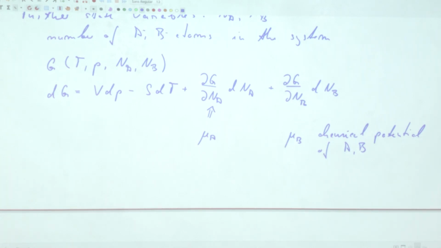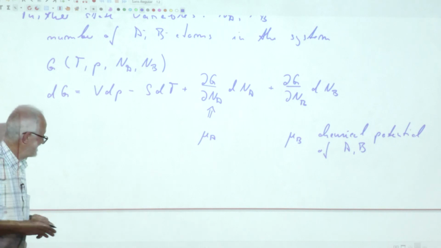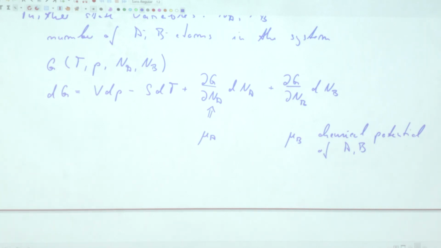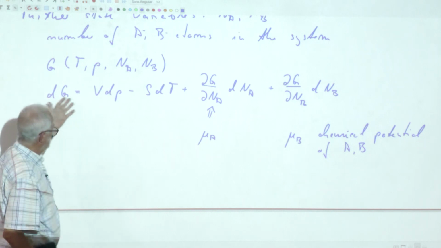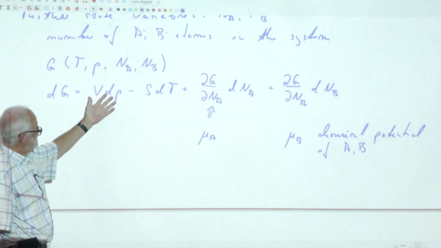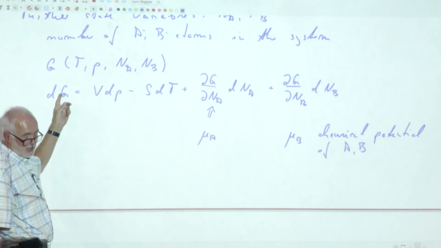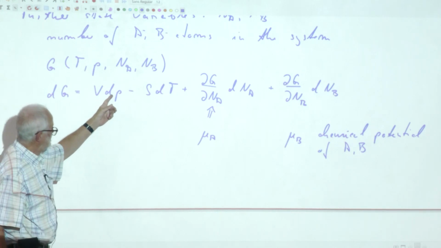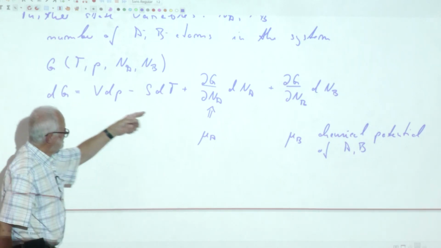And I don't want to go into this. But more precisely, what does it mean? Again, if you look at this differential, this gives how much the free enthalpy changes if I change the pressure by a certain amount, and so on.